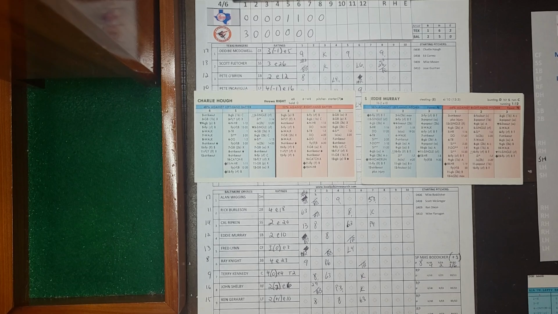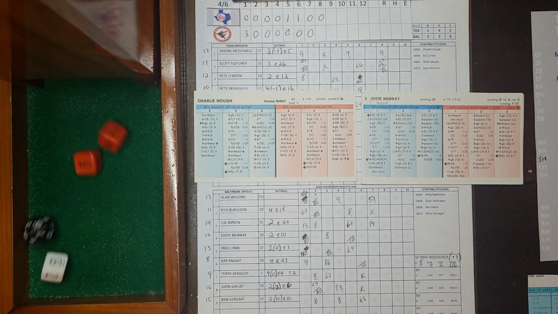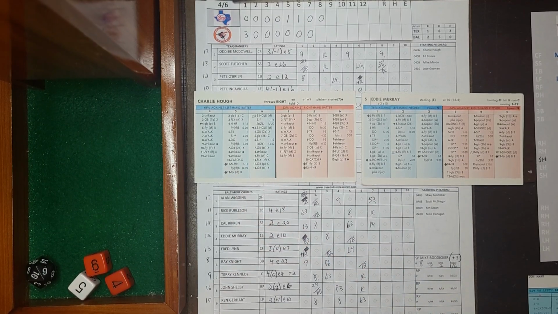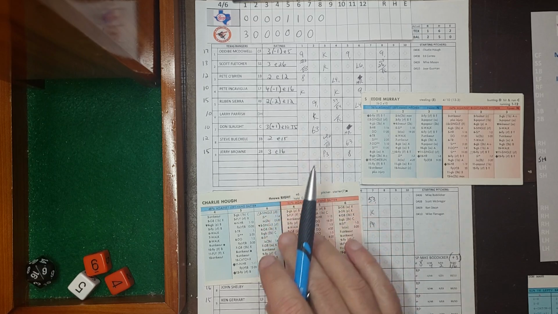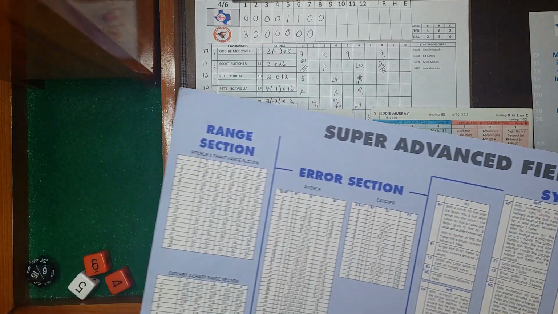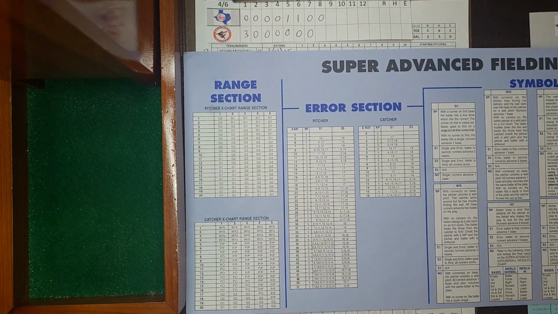Let's get that corrected. All right, so Charlie Hough to Murray, 5-10, switch hitter, catcher X. The catcher is Slot. He's a 3E10. 3E10 for Don Slot. A 3 and an E10. So a catcher 3.